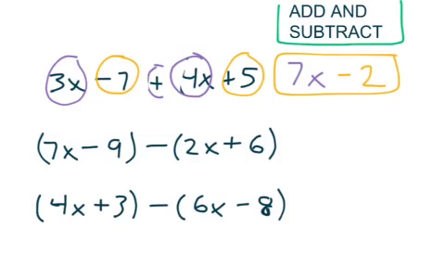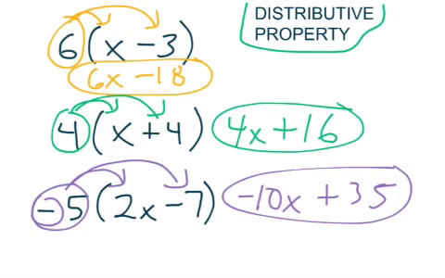On the next one, notice this one has a minus. So guys, the first thing we're going to do is distribute that minus. Remember the distributive property here. Well, sometimes instead of a 6, a 4, or negative 5, we sometimes distribute a minus or a negative.